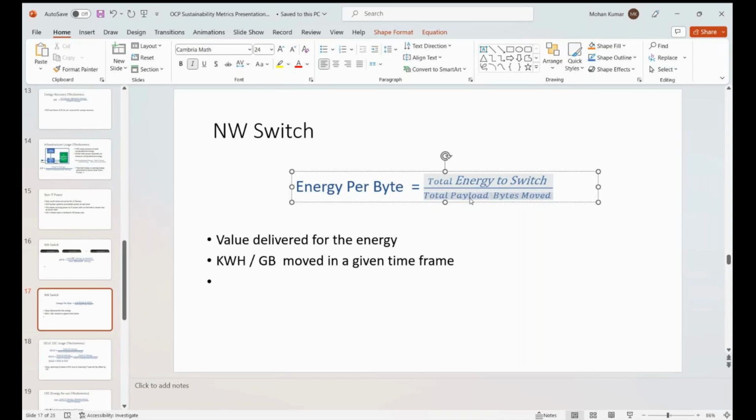But again, this doesn't incentivize compression. I think people are already incentivized on the compression part, but compressing your payload is goodness for sure.